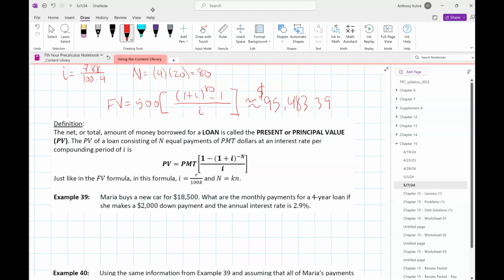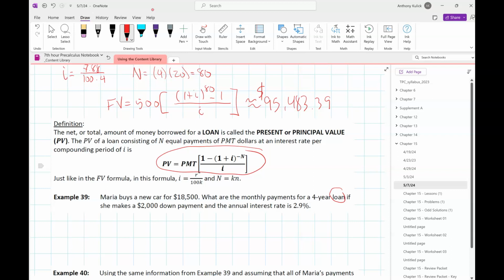Loan, right? So we need the equation for a loan. Is this helpful in at least talking about what word is the key to telling us what formula we're going to use? I hope so.